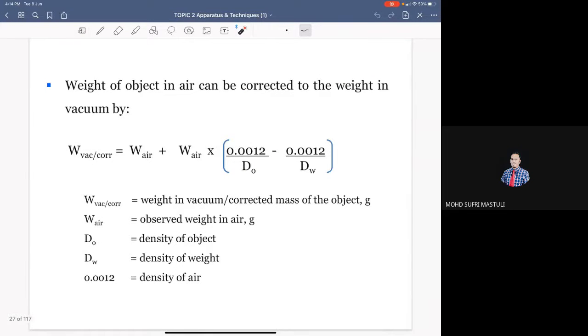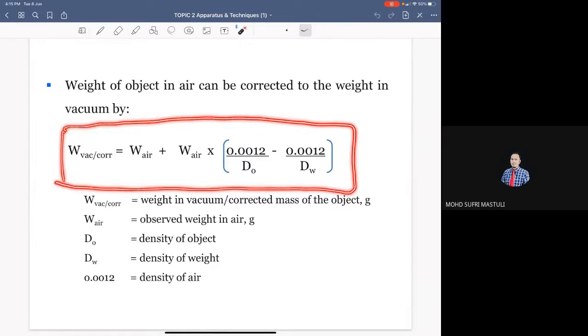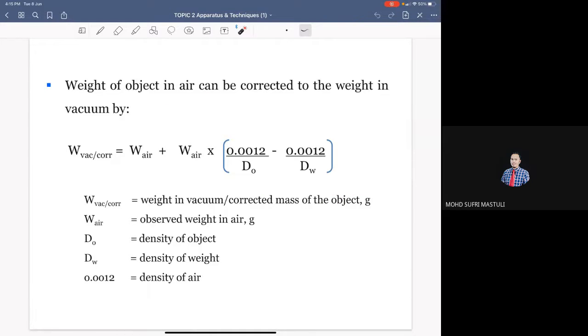This is the formula to calculate how the weight of an object in air can be corrected to the weight in vacuum.